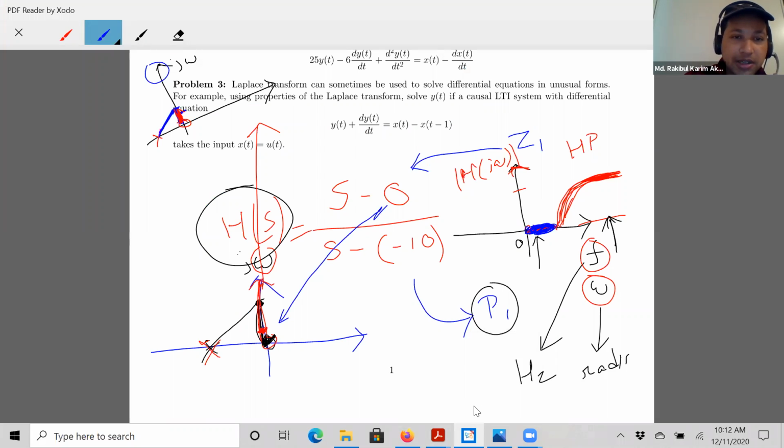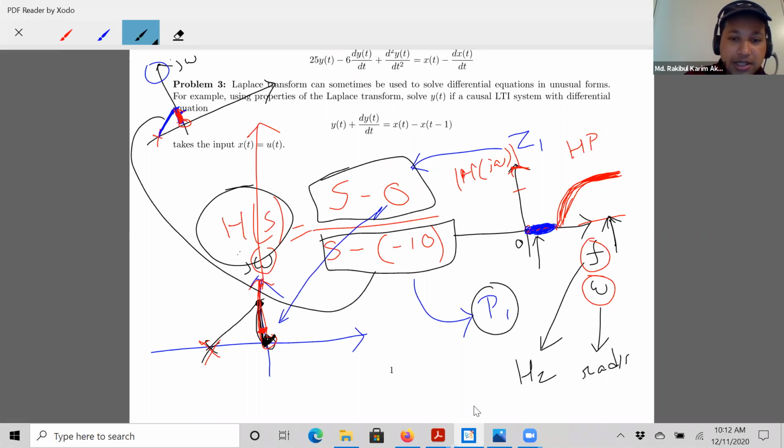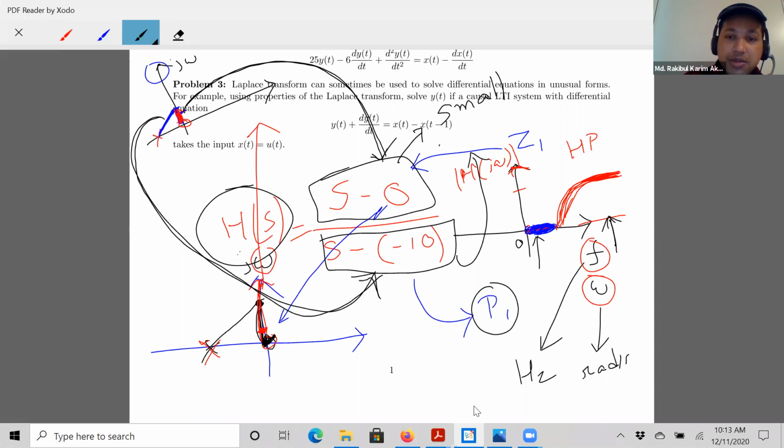Now look at these equations. This red line is in the numerator, right? The red line is from the zero, and the blue line is from the pole. The red line for the zero is small and the blue line is very large.